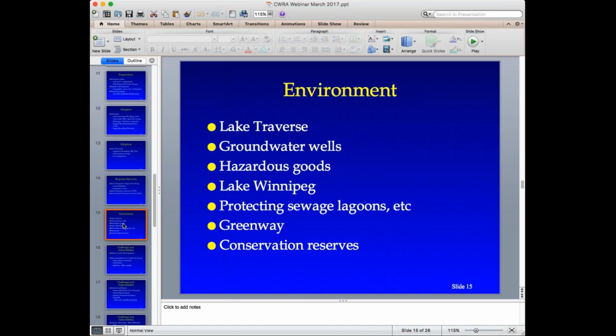Some similar programs have been looked at in Manitoba, but Manitoba will give some tax abatements for those kinds of projects, but they won't actually pay significant amounts of money. In the U.S., the amount of money for putting your land into a conservation reserve can equal or come close to equaling the value of the land, so it's very significant.